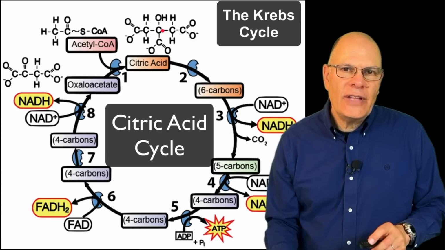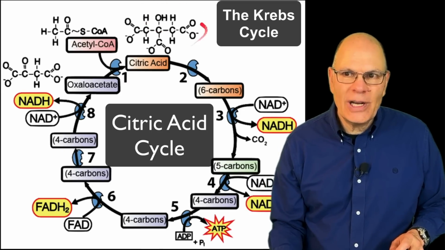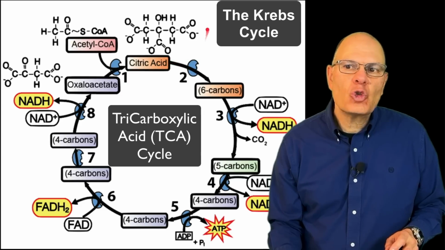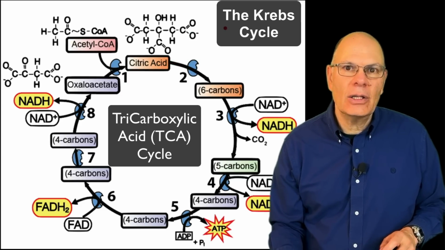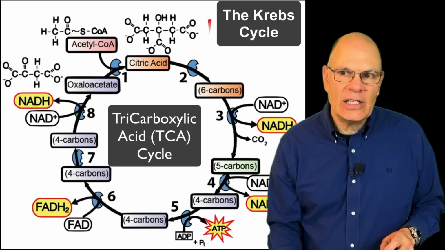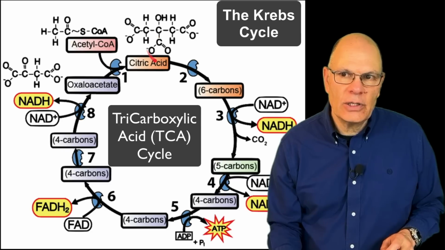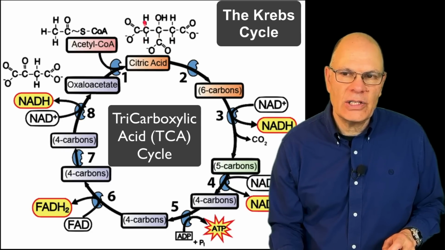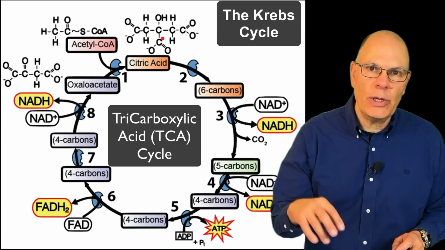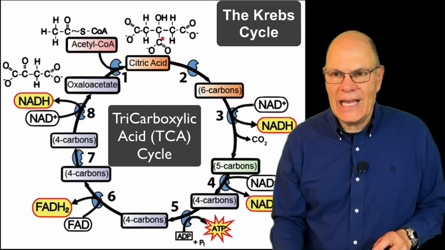The alternative names of the Krebs cycle are the citric acid cycle or the tricarboxylic acid cycle, TCA cycle, and that's for this carboxyl group over here, this carboxyl group over here, this carboxylic acid over here. So 3 carboxylic acids, TCA cycle.